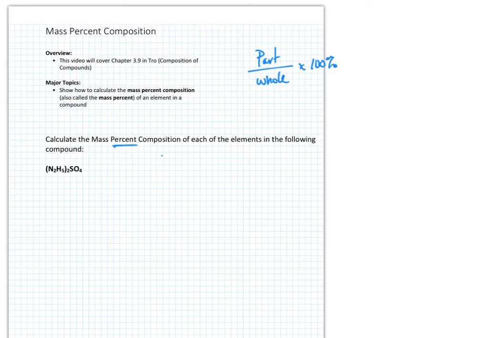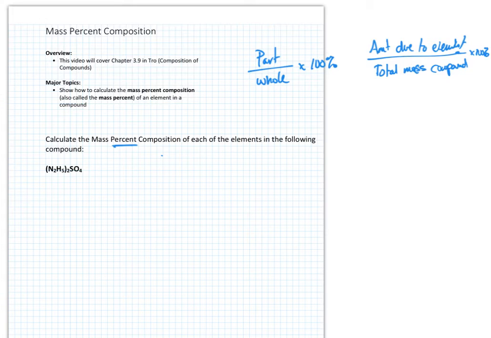In this case, the part is the amount due to the element, and the whole is the total mass of the compound itself. And then, of course, it'd be times 100%. So the amount due to the element and the total mass of the compound, where do those come from?